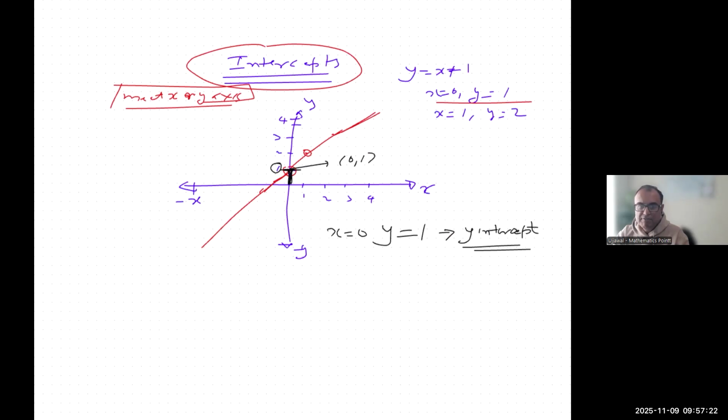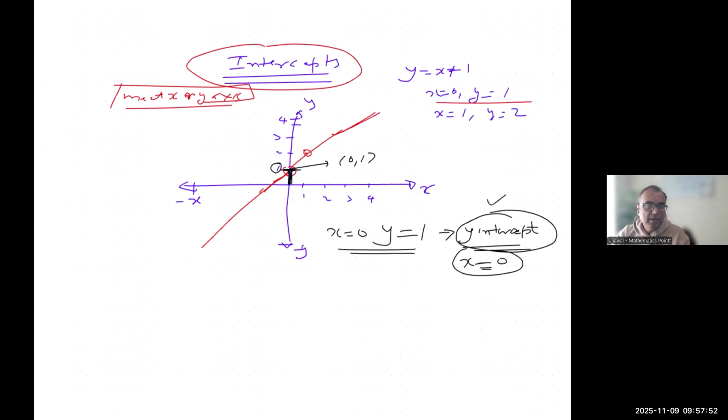So what we've learned is that the y-intercept always has x equal to 0, and that is why it is called the y-intercept.